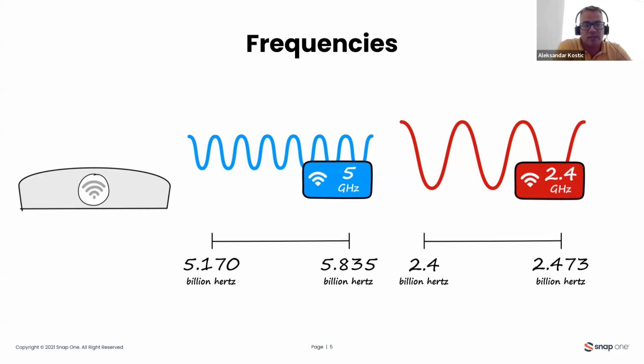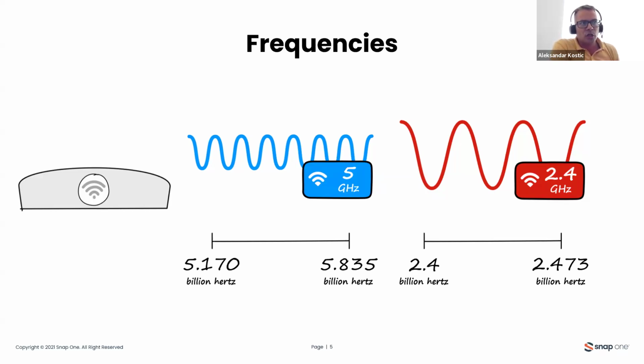So if we have more data available on 5 GHz, why wouldn't we always use 5 GHz? The downside of the 5 GHz frequency band is that the coverage area is much smaller. The signal tends to decrease faster compared to 2.4 GHz.